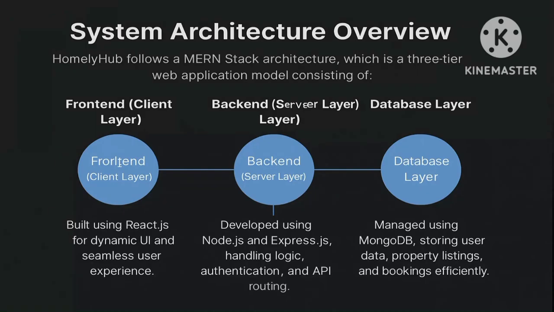The backend server layer is developed using Node.js and Express.js, handling logic, authentication, and API routing. And the database layer is managed using MongoDB, storing user data, property listings, and bookings efficiently.